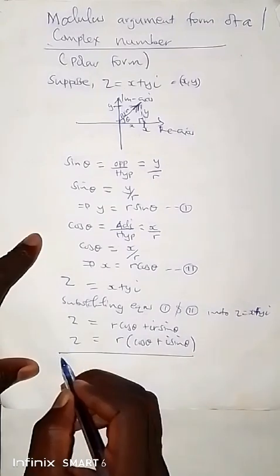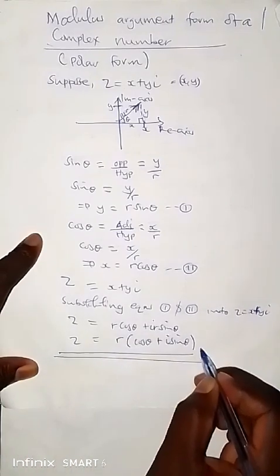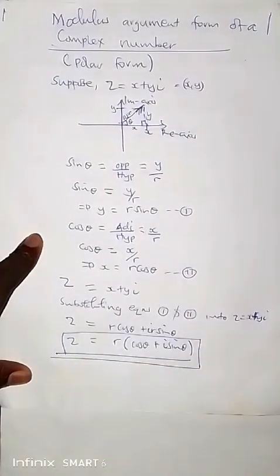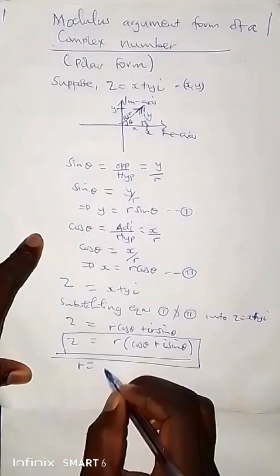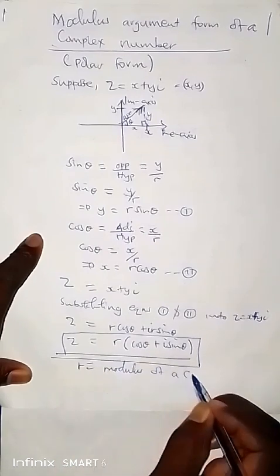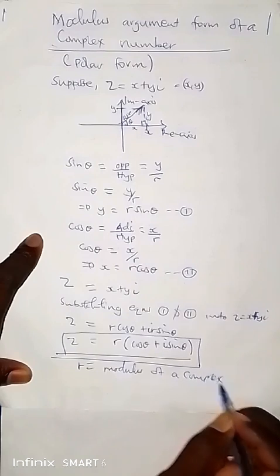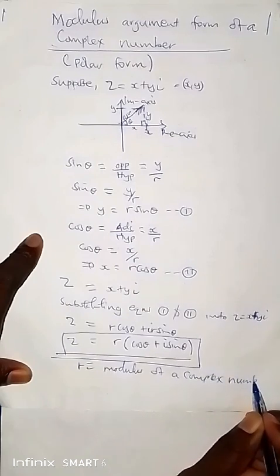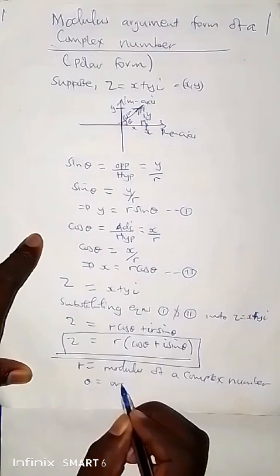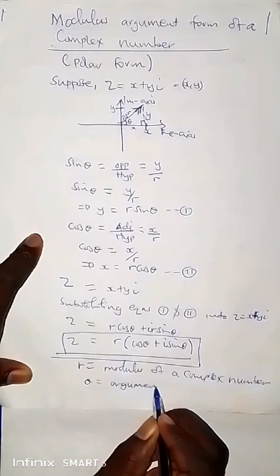When it is in this format, it is what we call the modulus argument form, the polar form, whereby r is the modulus of the complex number, and theta becomes our argument.